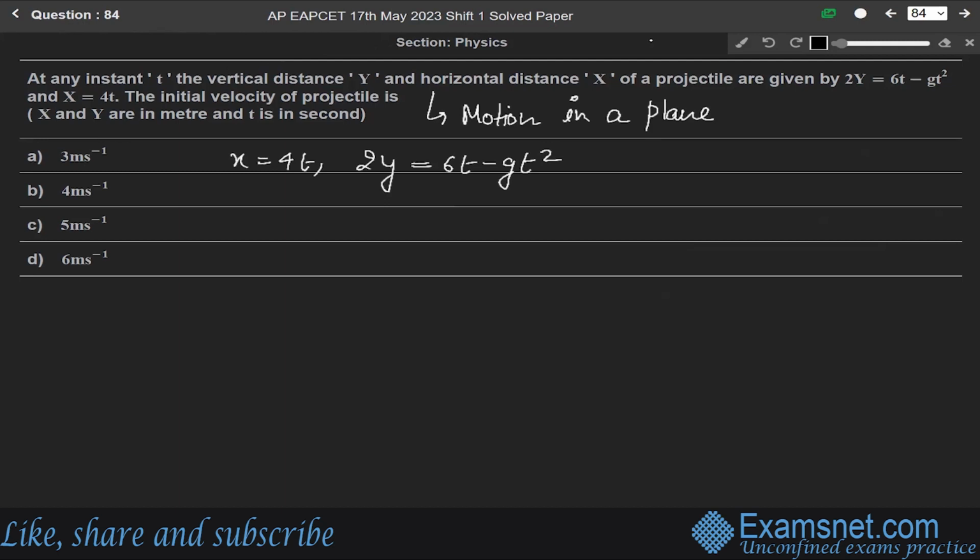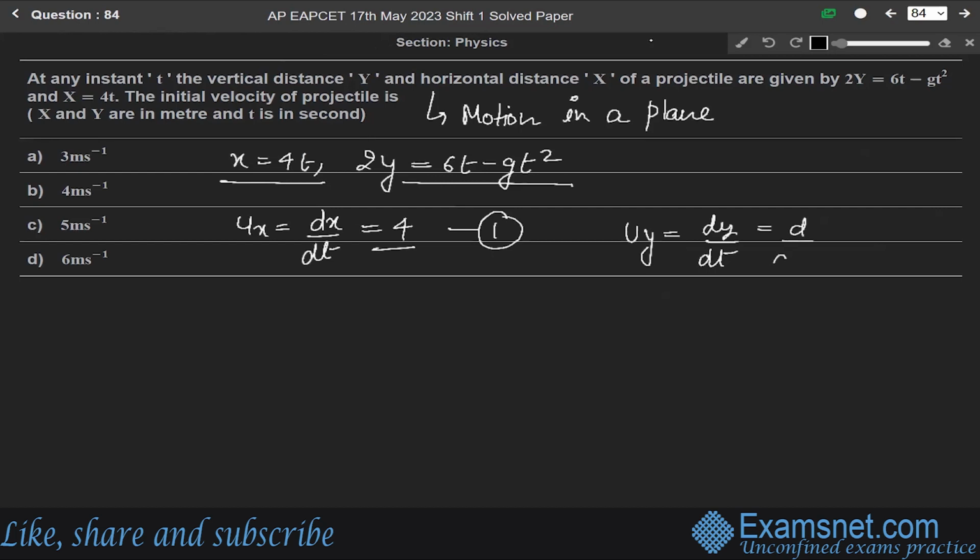If we want to find the velocity in the x dimension, ux will be equal to dx over dt. So it will be equal to 4. Let us say this is equation 1. And we are given 2y equals 60 minus gt square. So uy means dy over dt.